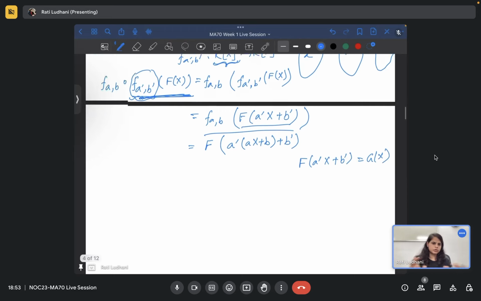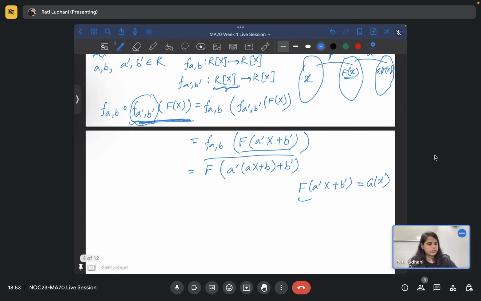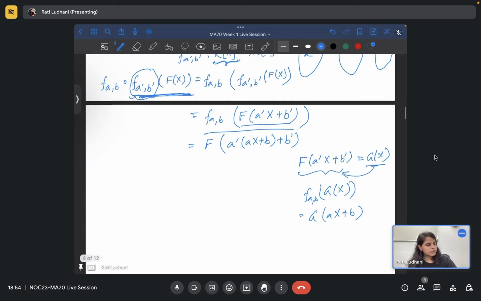You will get some coefficients when you expand it out, using the binomial expansion, and write it in terms of powers of x. So this is like g(x), and f_{a,b} will map any element to g of ax + b. So at the place of x, you can just write ax + b now. So a'(ax + b) + b'.